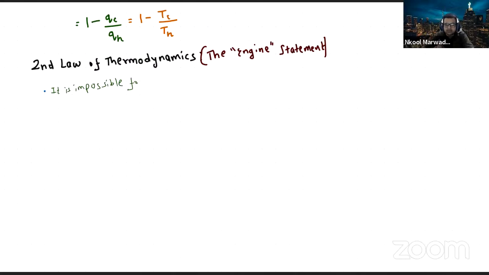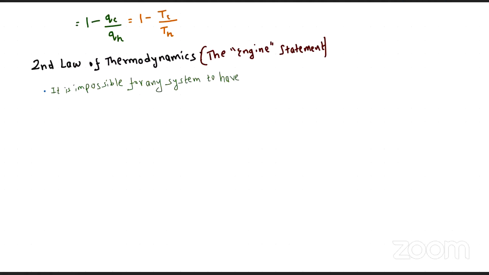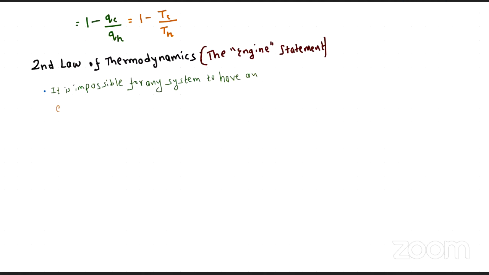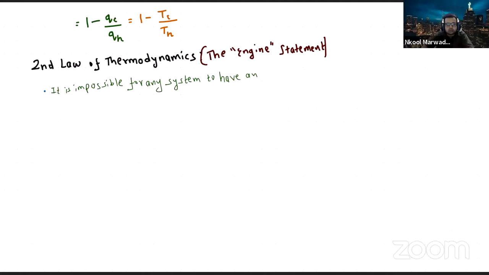So the second law of thermodynamics states that it is impossible for any system to have an efficiency of 100%.